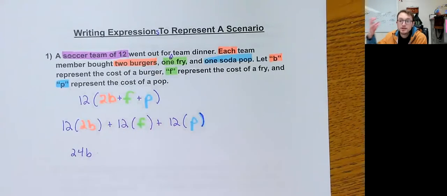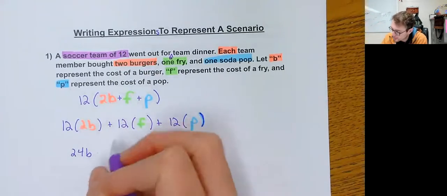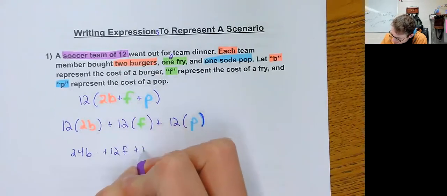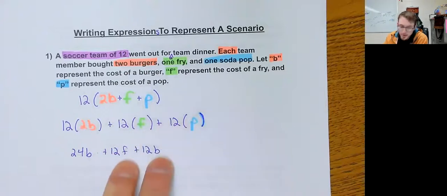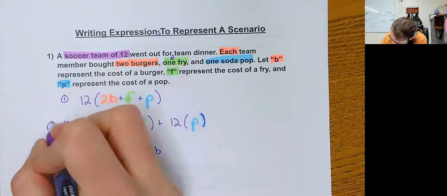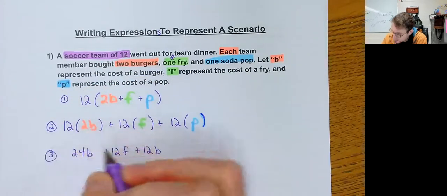Or this team of 12 people are buying a total of 24 burgers and 12f plus 12p. Now these two didn't change, but that changed, so that means that this is a whole new expression. We have one expression, another expression, and a third expression.